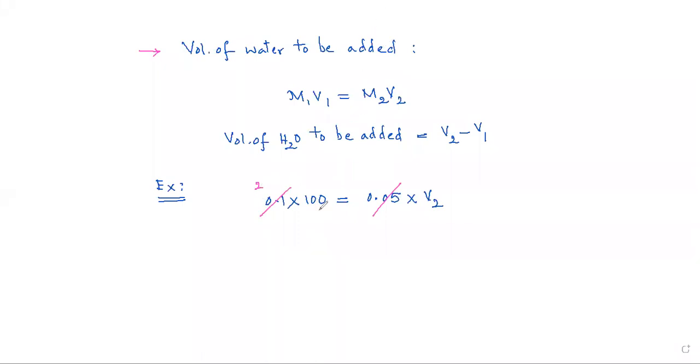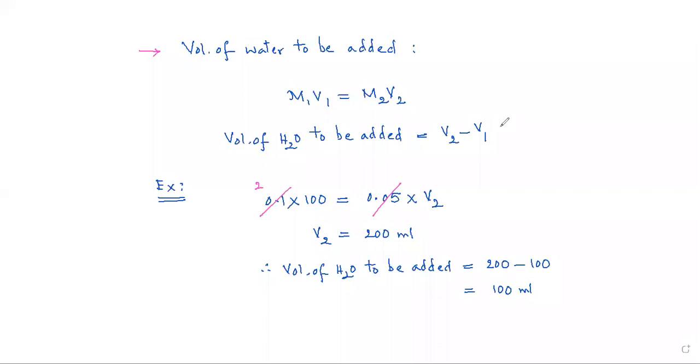Now V2 is 200. That is the total final volume. Therefore, volume of water to be added can be given as V2 minus V1. Nothing but this. Okay. So even this can be calculated.